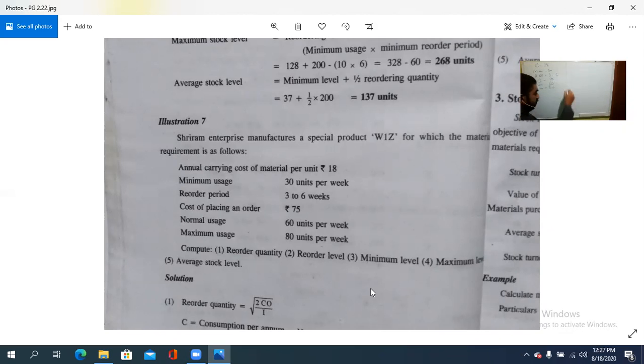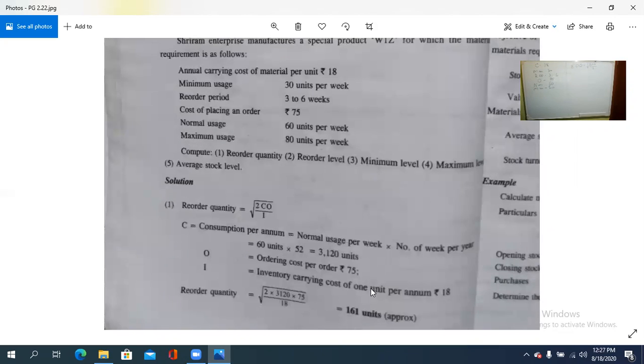With this, firstly EOQ is root of 2CO by I, isn't it? C is the annual consumption, O is the ordering cost, and I is the carrying cost. So carrying cost is 18, ordering cost is 75, and consumption is normal usage per week into number of weeks per year.